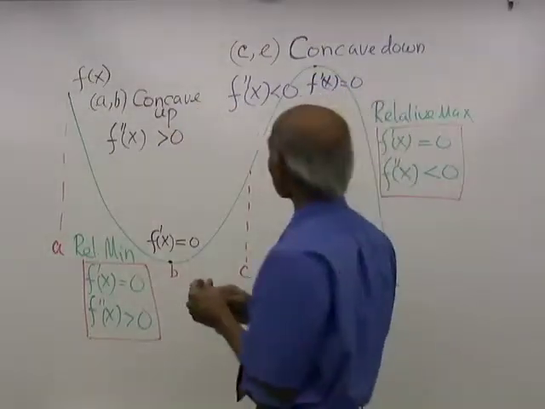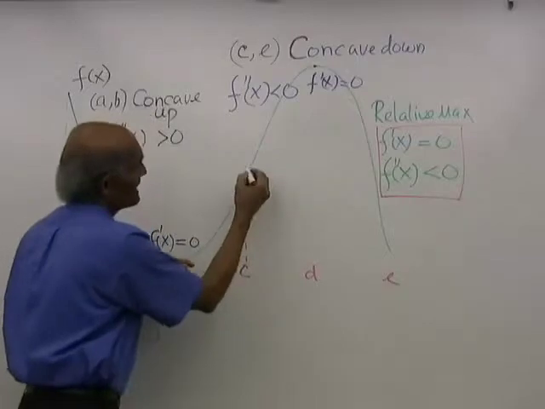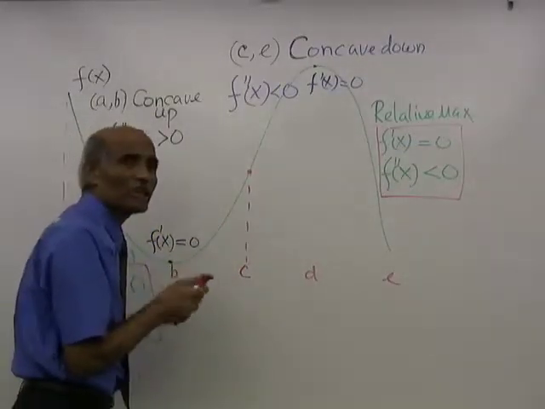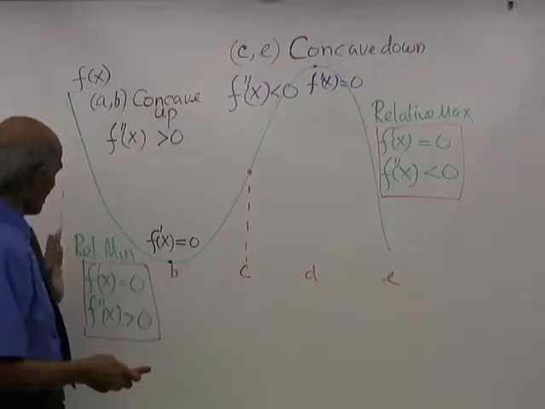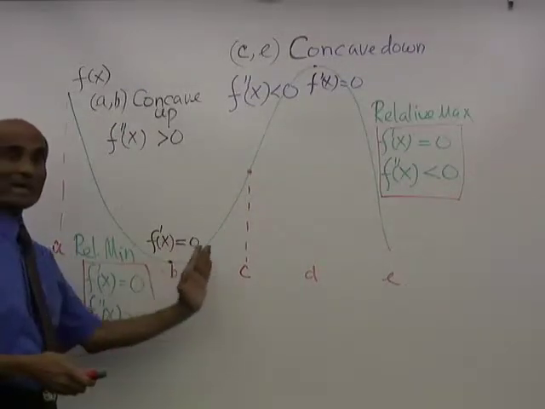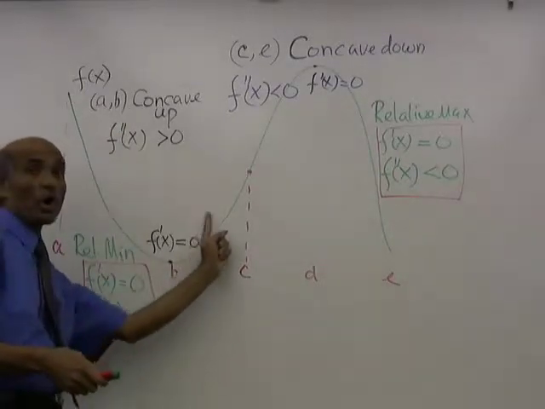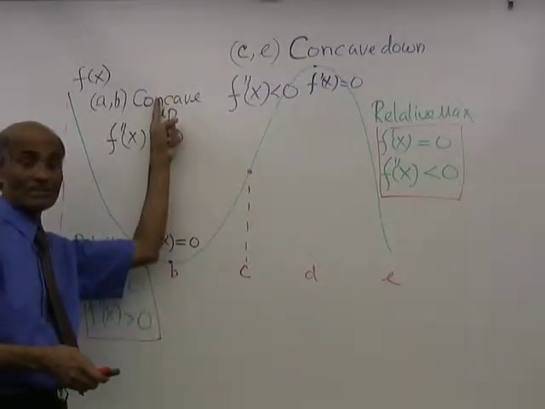Okay, I want to ask you about this point on the graph. At x equal to c, if you notice, on the interval from a to c, the graph of f of x is concave up, isn't it?